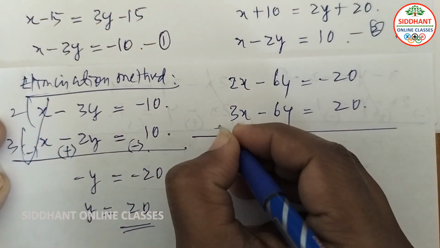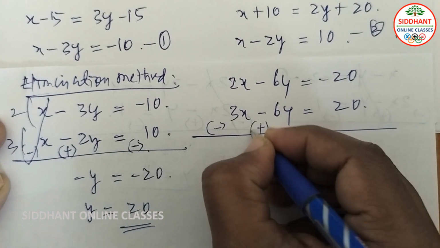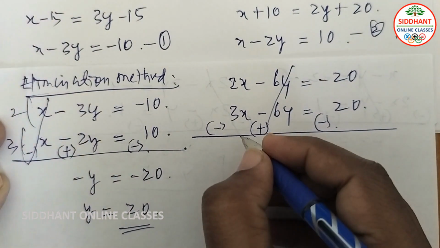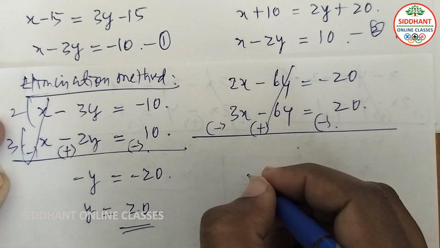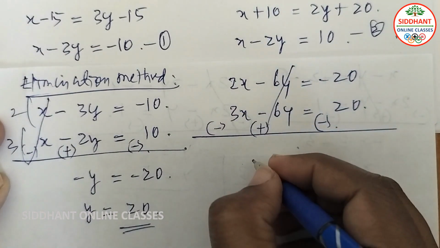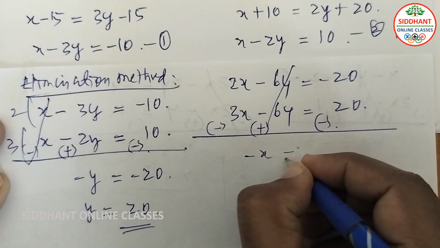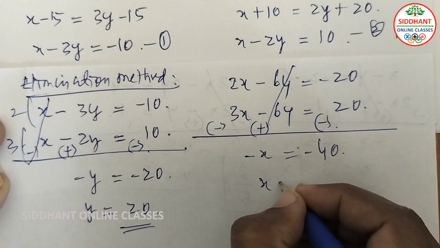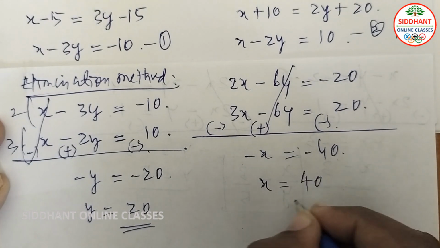Now we are going to change the signs here. So now here y cancel. Now here minus 3x plus 2x, which will be minus x, and minus 20 that will be minus 40. So x equal to 40 here.